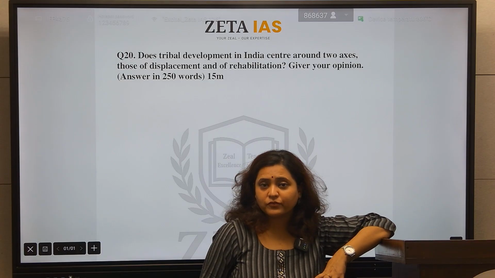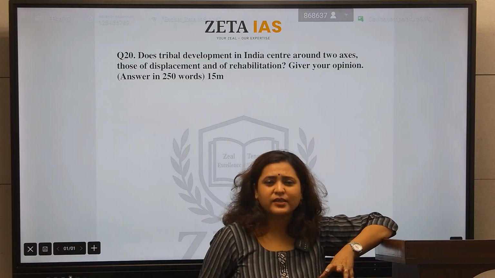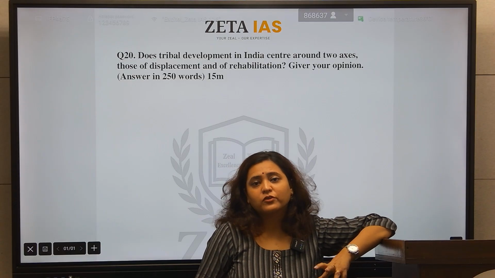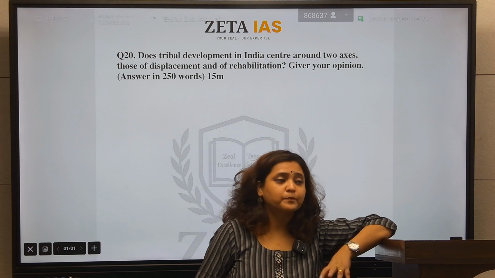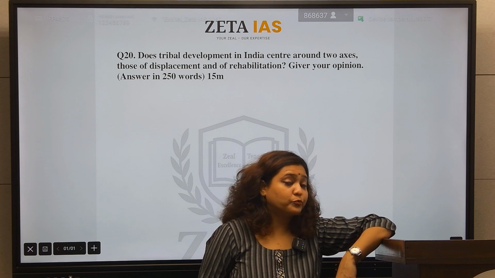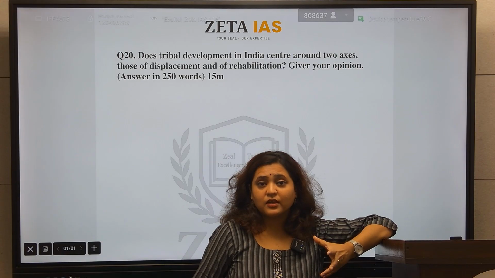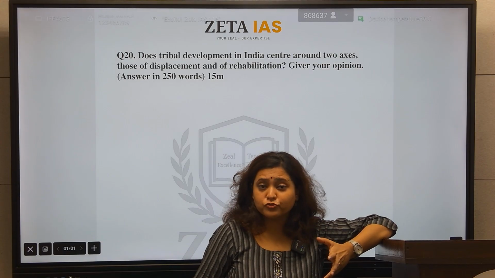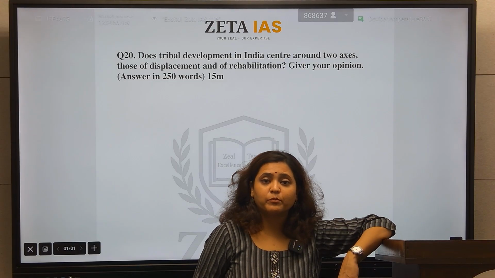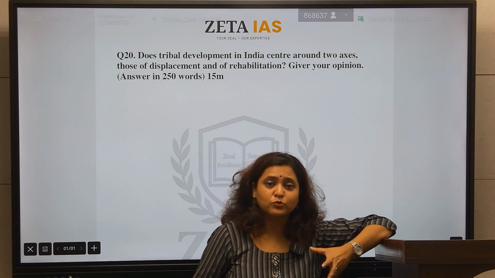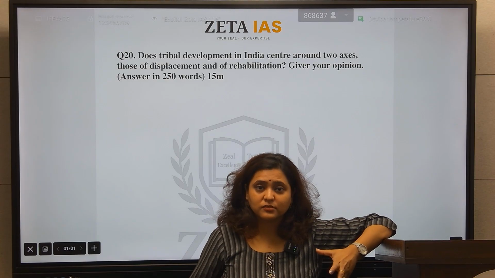They were never part of the mainstream society. They have their own rules. They mostly inhabited the remote villages and forest areas of India. And the Britishers at that time adopted a very isolationist approach towards tribals, because they needed logs for railway development, they needed forest resources for further development.